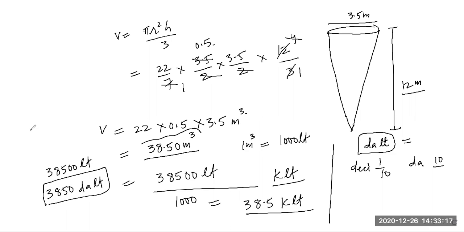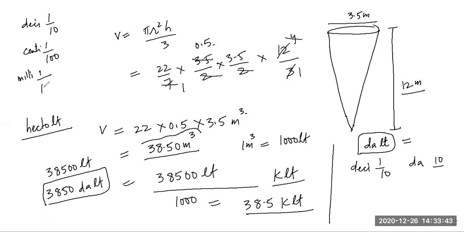How many hectoliter? This is equal to how many hectoliter? Hecto is not six. See, this is deci. Deci is 1 by 10. Then after deci we have 1 by 100, that is centi. Then we have milli.